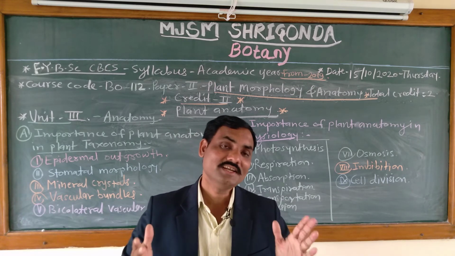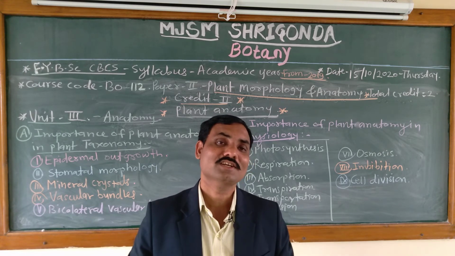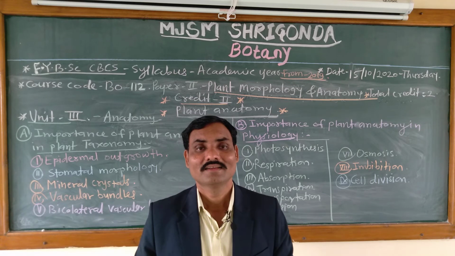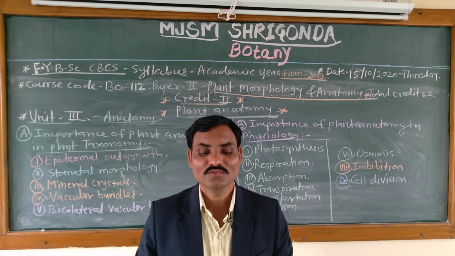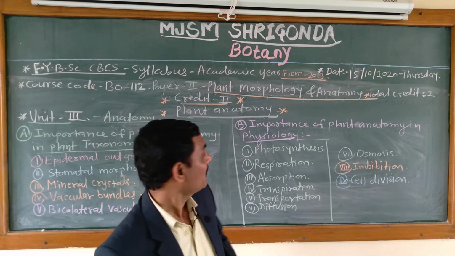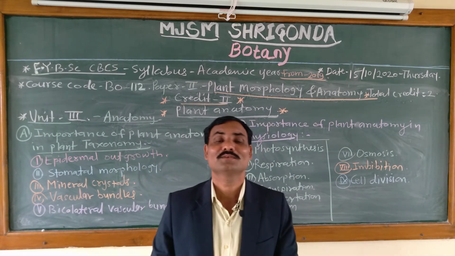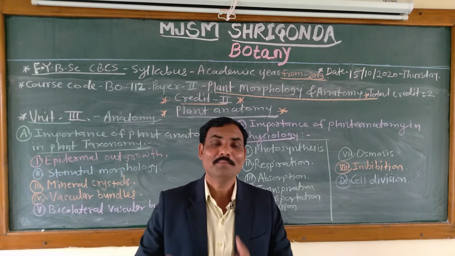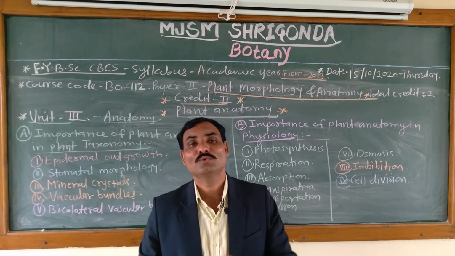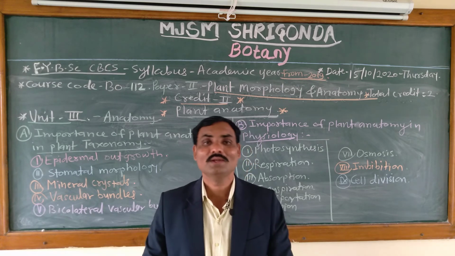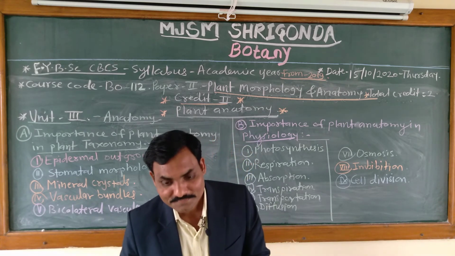When we study the anatomical structure of the leaves, then we can understand very well the process of photosynthesis. Then another point is respiration: how respiration takes place and which are the main components involved in respiration can be understood very well with the help of plant anatomy.